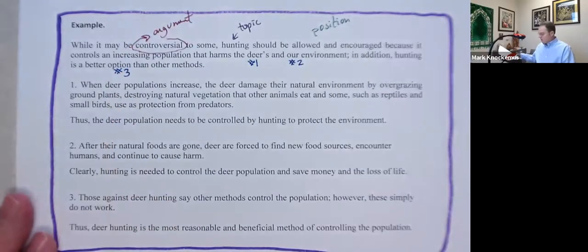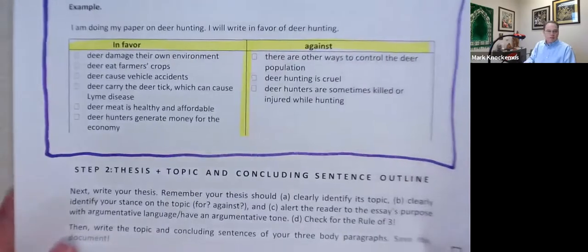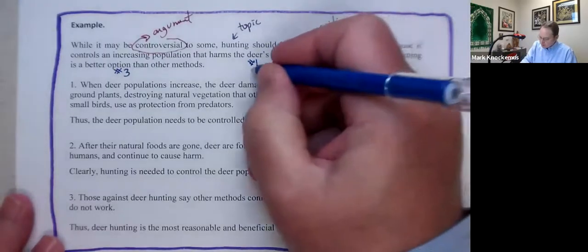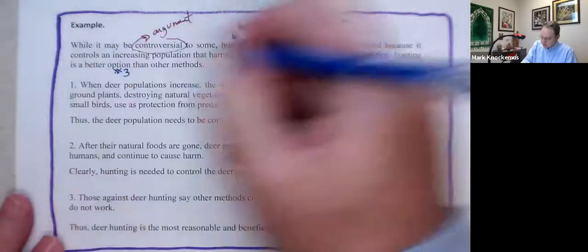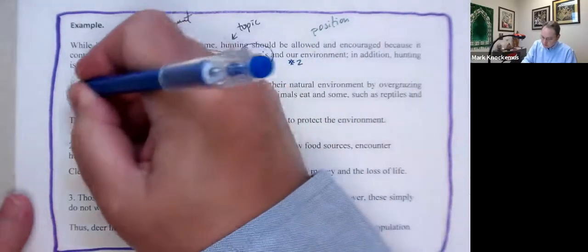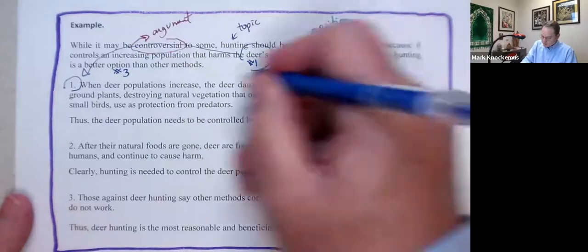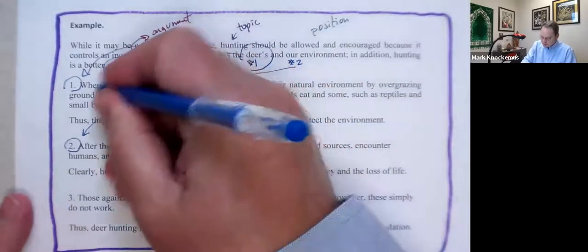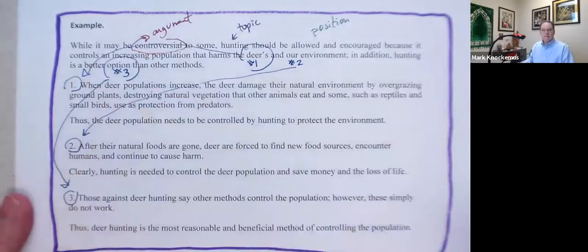I got everything in there that I needed to have. Remember, with the rule of three, it's just going to drop down in order and generate, right, we've worked with this before.